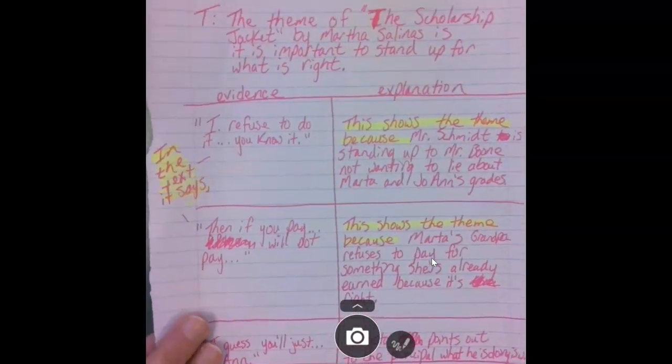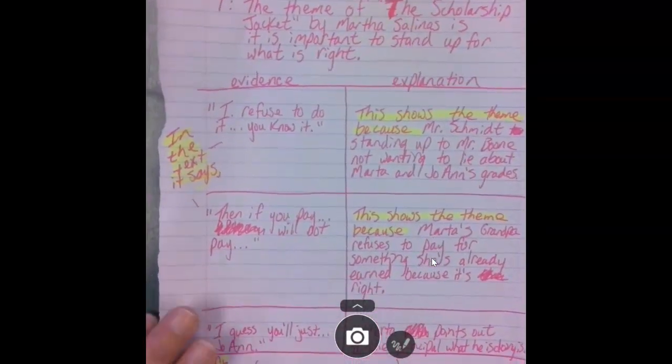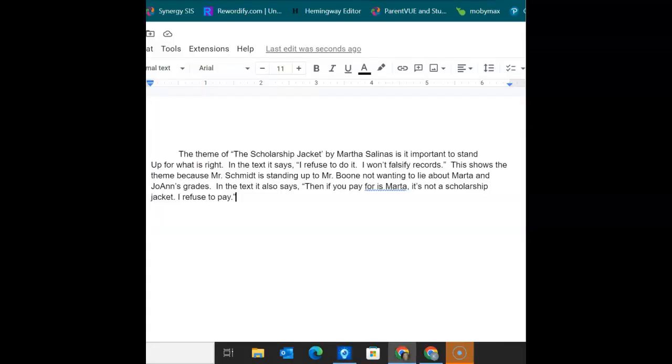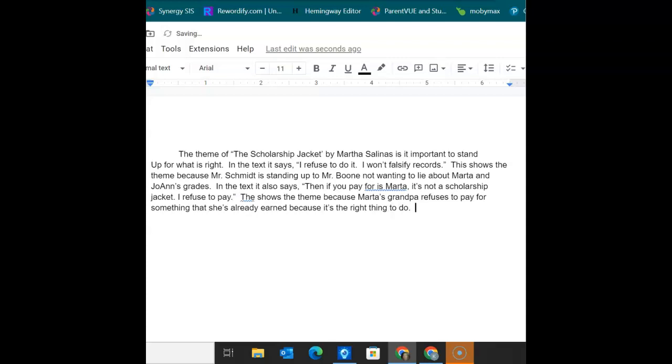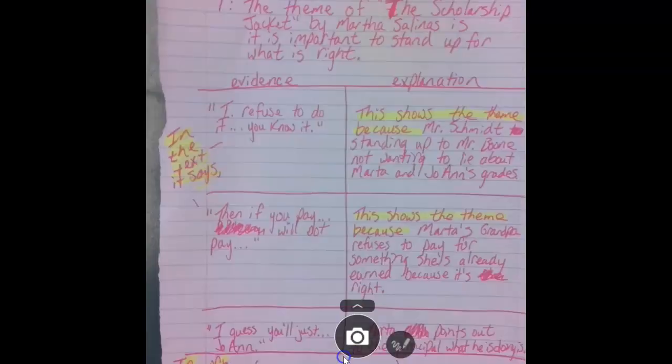So I'm using my star outline to help me type. So I go back to my paper, to my text, and I type it out. Okay, so I have my second explanation.